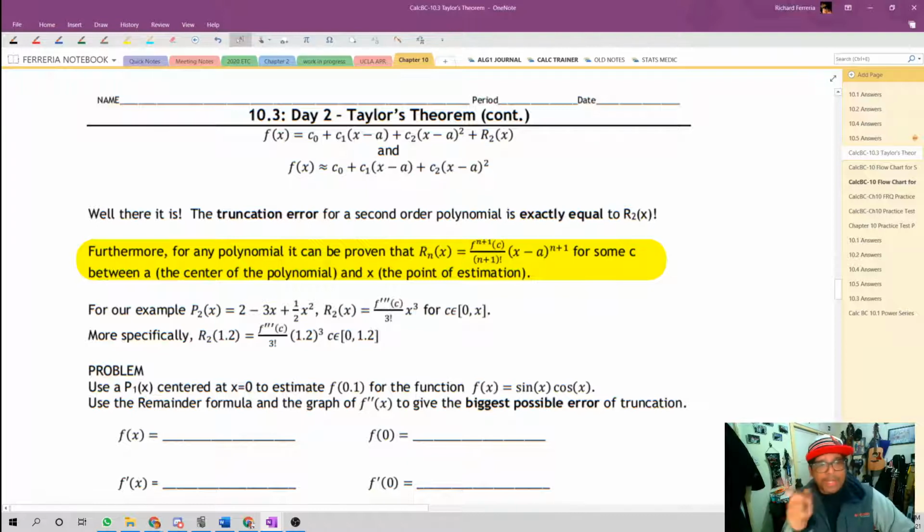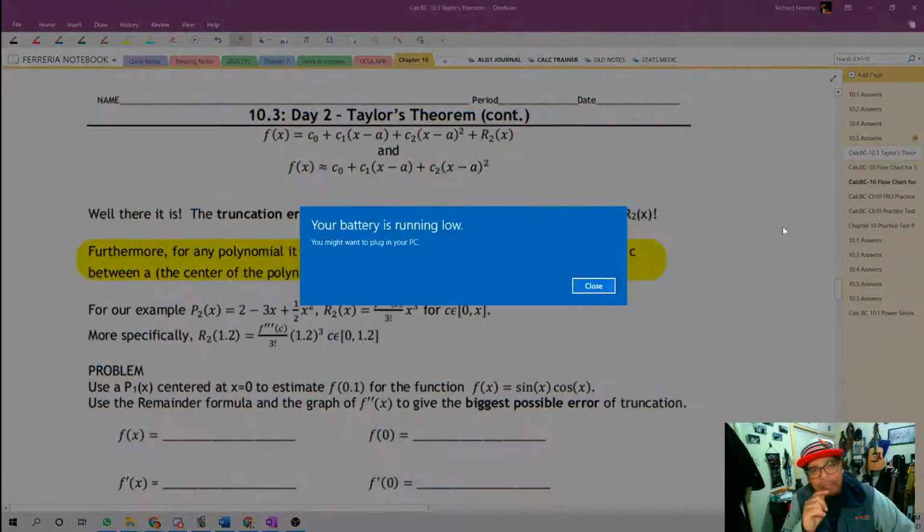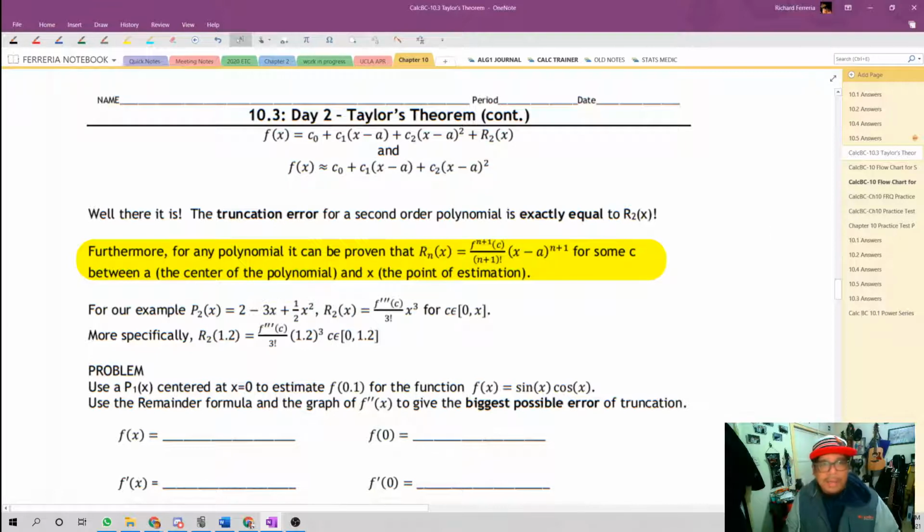Now, less obvious is that R2 can be, how do I say this? If the terms of a series are getting smaller and smaller and smaller, then in R2, the biggest term should be the third degree term.